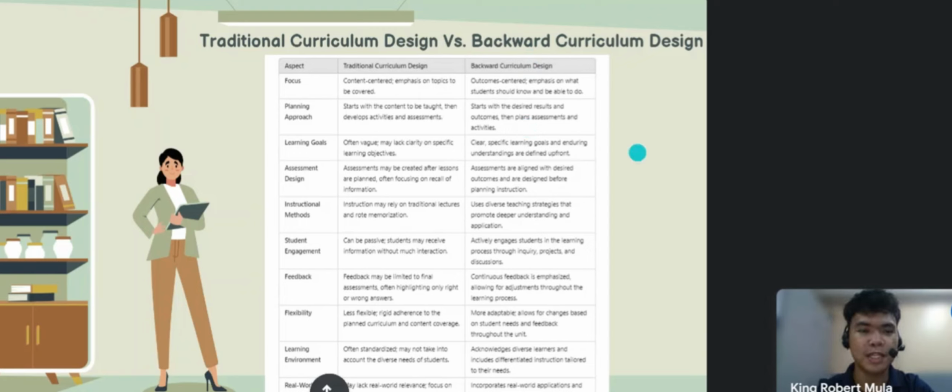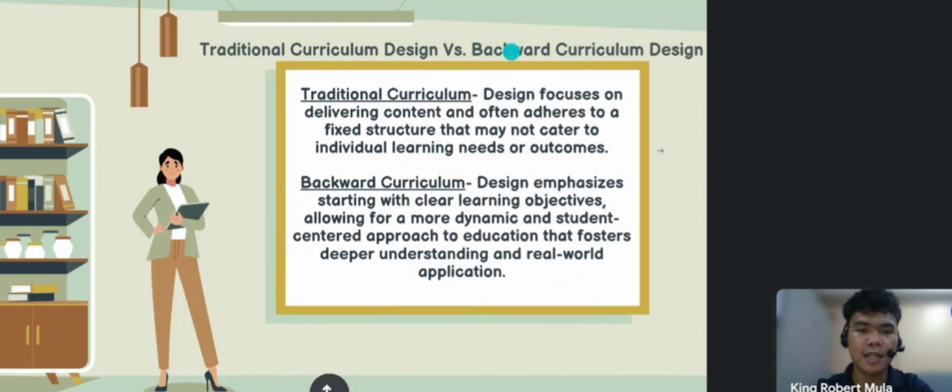So, teachers, I hope you read the differences and the comparison between the traditional curriculum design and the backward curriculum design. But here is the main point of these two. Always remember that our traditional curriculum design is centered on delivering specific content, often following a set structure or syllabus.